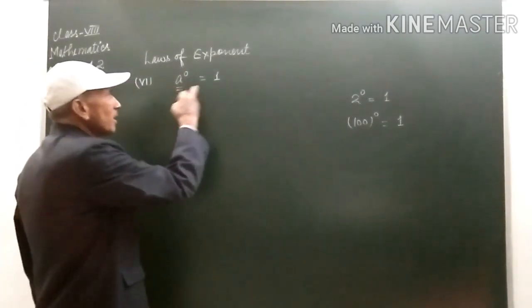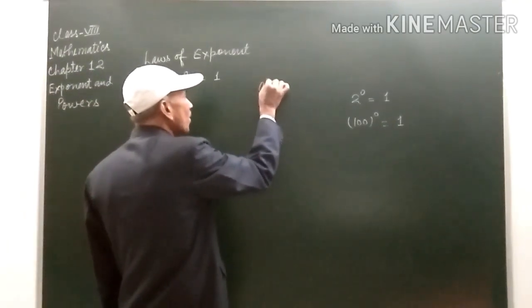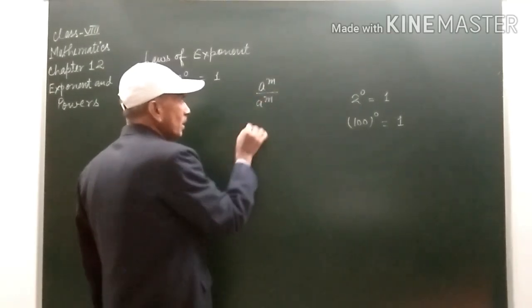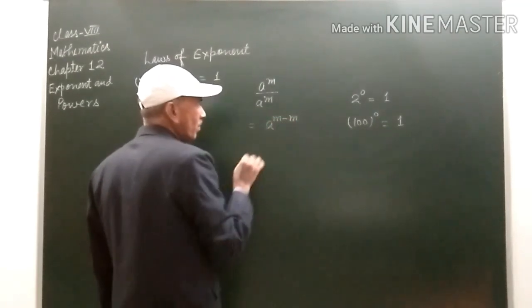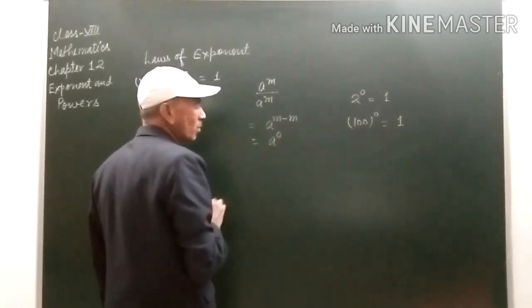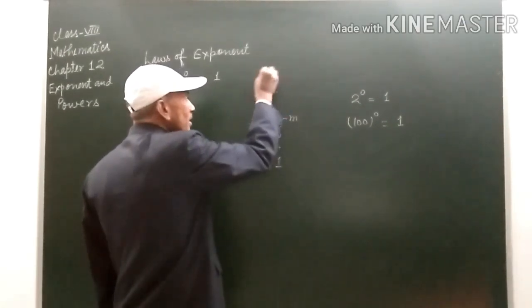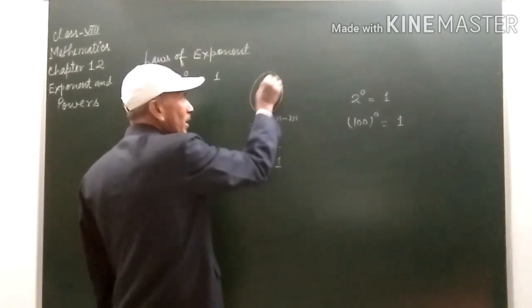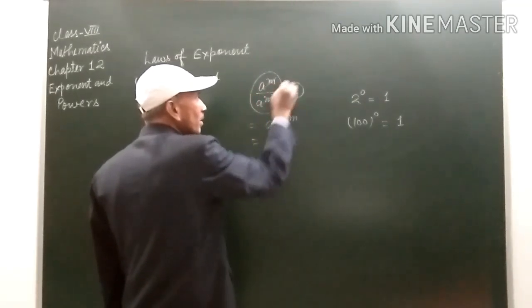In this kind of questions, students, a to the power m upon a to the power m, it means a to the power m minus m. Clear students? So a to the power 0 means 1. In this, a to the power m divided by a to the power m will be 1.